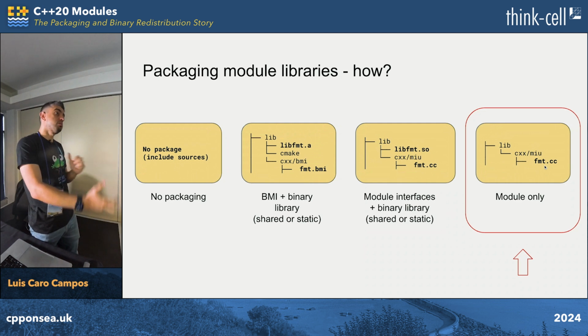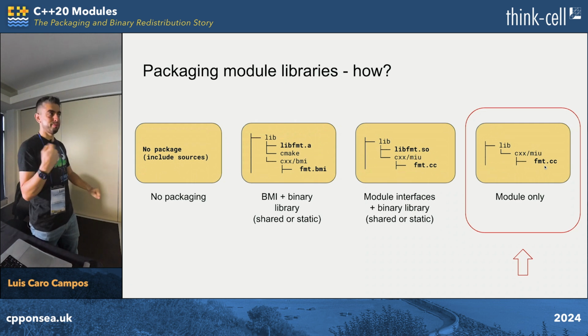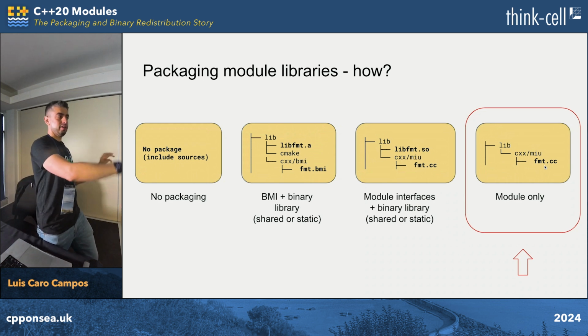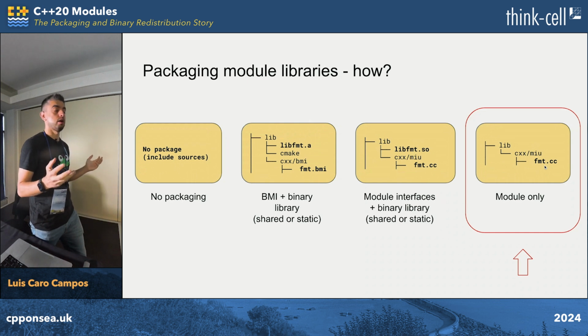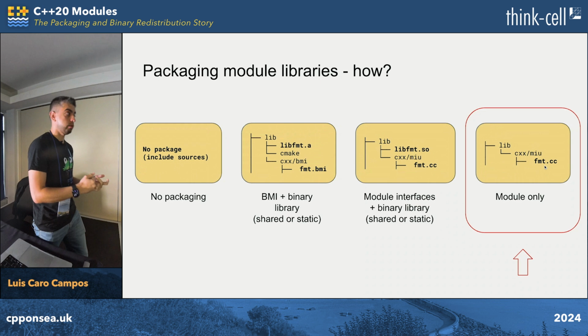In some cases, if we're dealing with templates, it could be completely justified. In some other cases, I think it's done precisely because the package management situation in C++ is less than ideal. So they say, okay, this is the easiest way. Just copy this file somewhere, just pass the flag to the compiler, and everything is taken care of, right? You don't have to worry about building them beforehand or making them available.